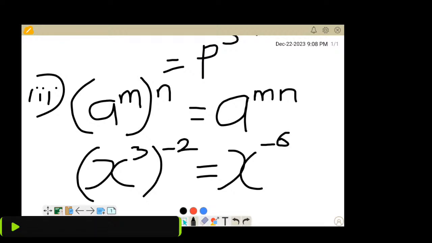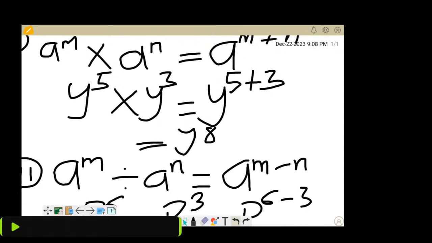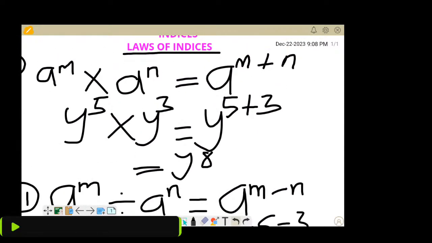Okay, the first three laws that we've looked at are talking about power relationship. Check the first one. The power of a here is m and the power of a here is n, and the multiplication sign is between the first and the second letter there.